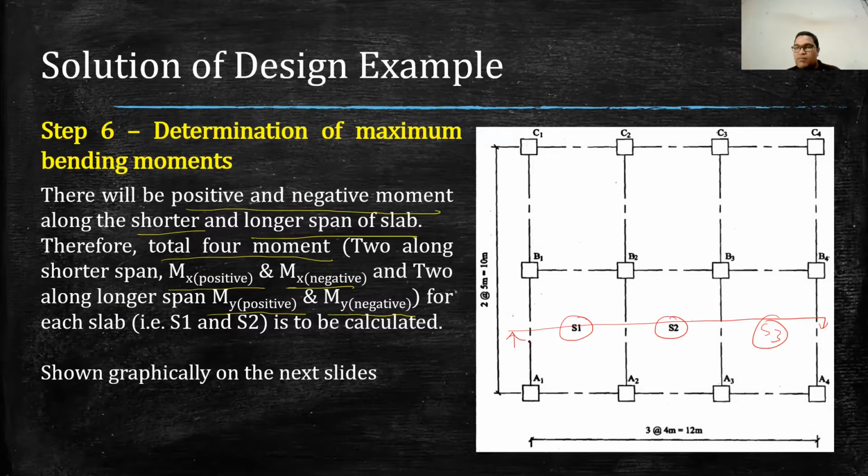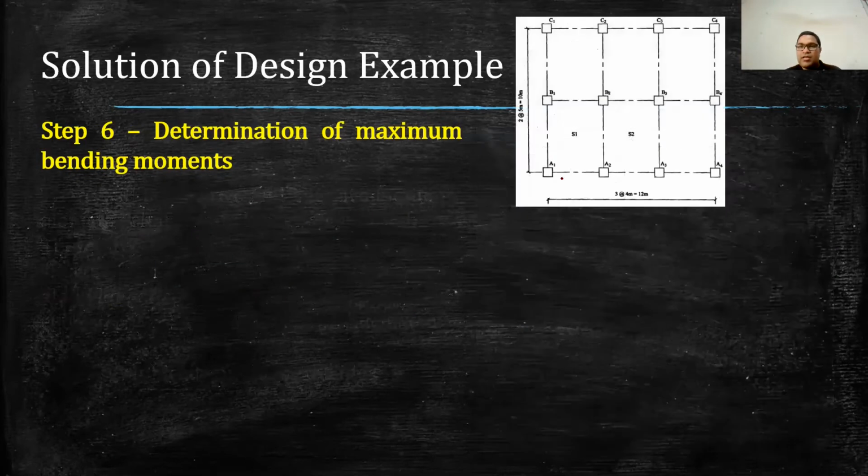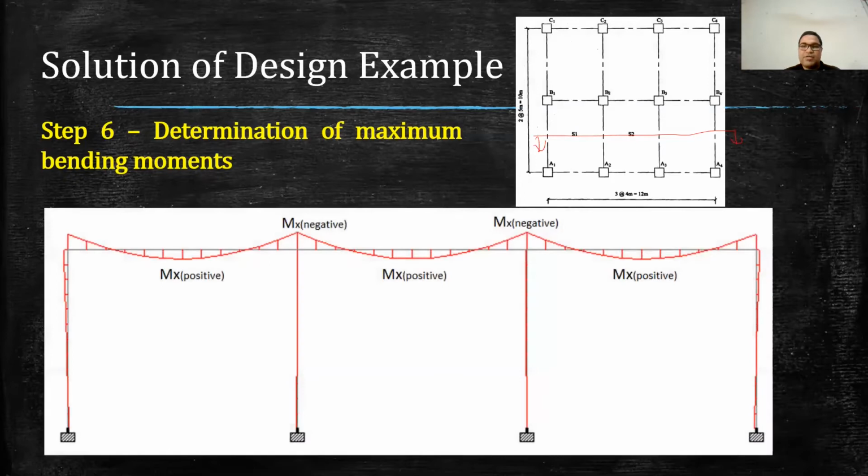How will it bend, and where will the bending moment be maximum? Again, if I cut the section of the slab here, how will bending occur? I will show that in a separate diagram.